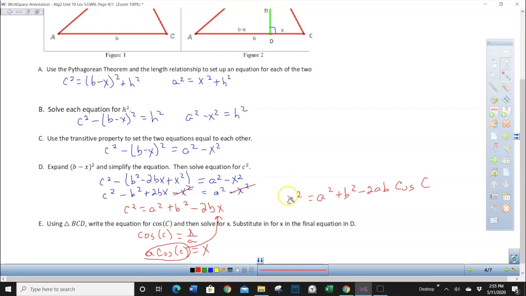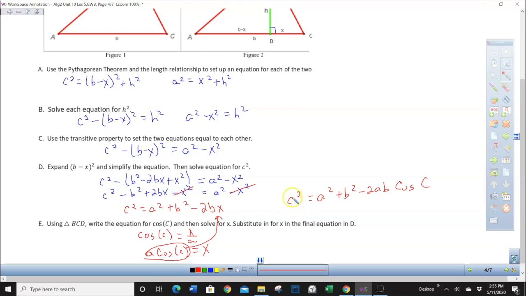And that's the law of cosines. Notice that the c squared on this side goes with angle C where it's cosine. This angle and this side always are the same letter, except changing case. So remember, when we have angle C, the side opposite angle C is side c.